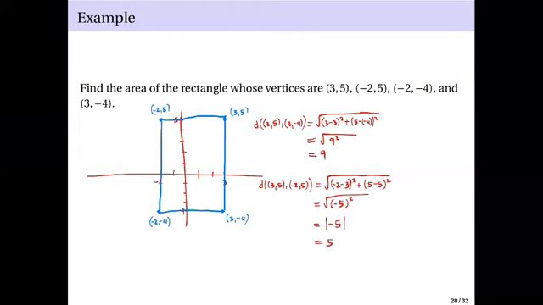Okay? So the width of this rectangle is 5. Therefore, area is equal to length times width. So 9 times 5, this is equal to 45 square units. Okay?